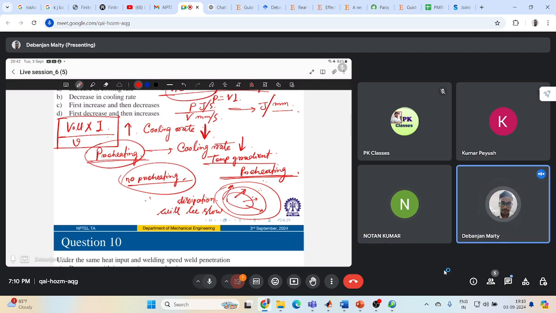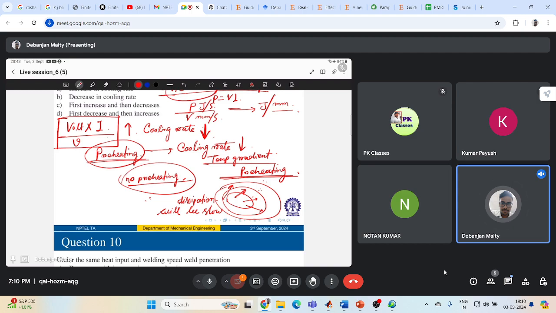I have not yet gone to precipitation hardening. Is this a multiple choice question from you? You can explain the phenomena, the physics behind this, if you know.